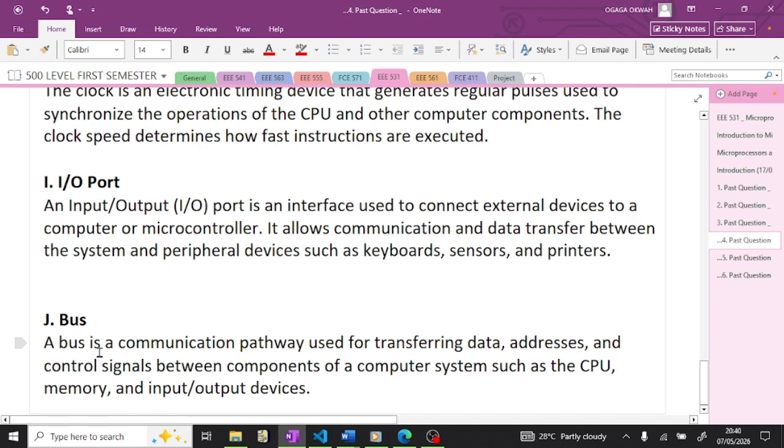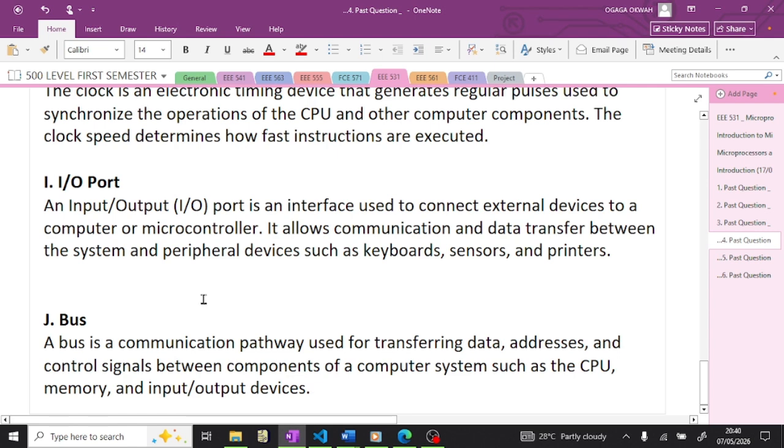Okay, so then the last one, bus. A bus is a communication pathway used for transferring data, addresses, and control signals between components of a computer system, such as the CPU, memory, and input and output devices.